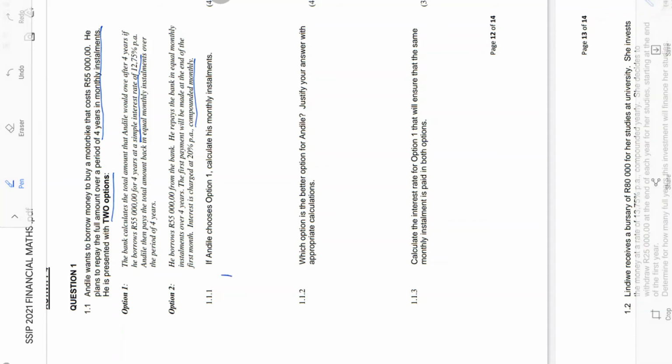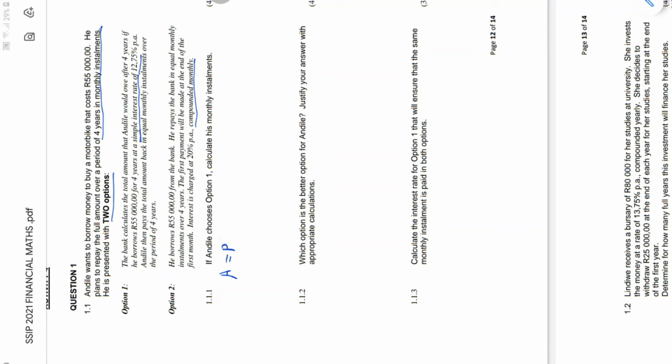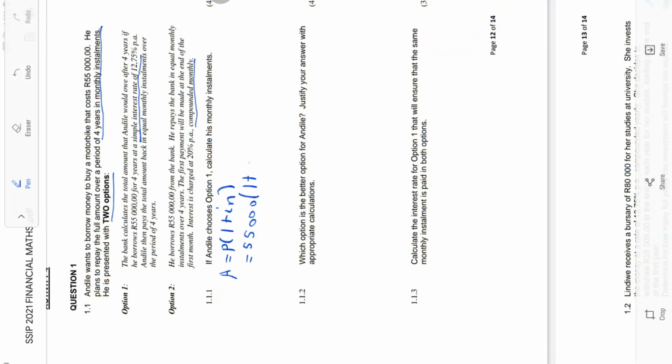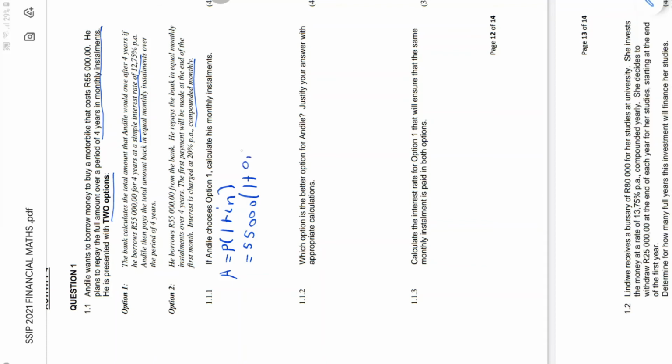The simple interest formula, A is equal to P brackets 1 plus i n. The loan is 55,000 times 1 plus the simple interest rate of 12.75% times 4 years.